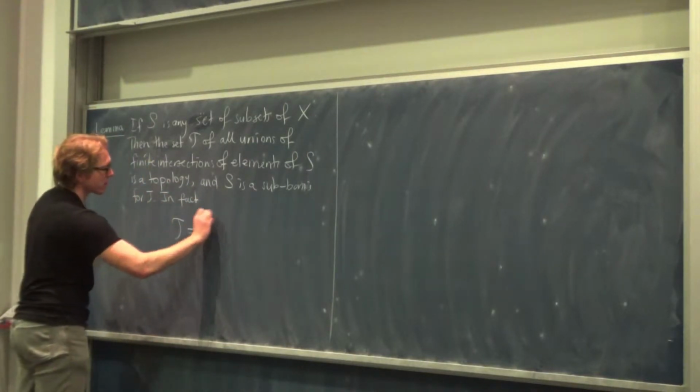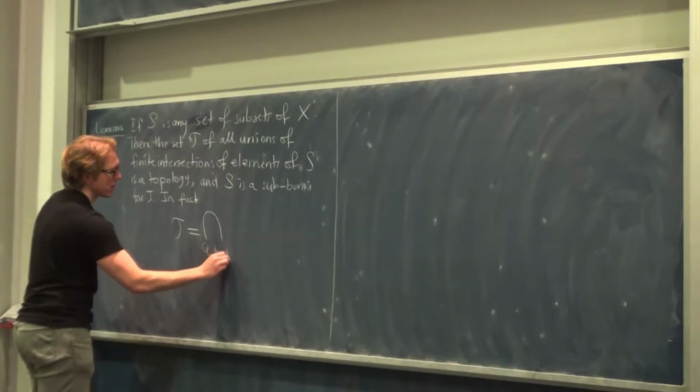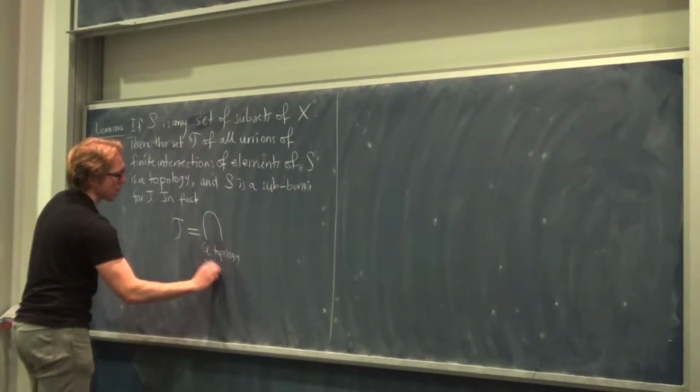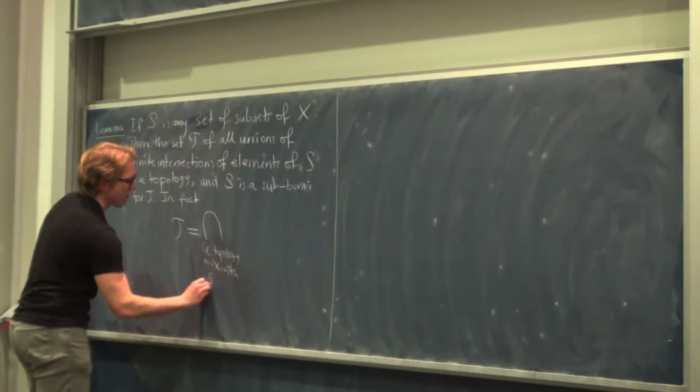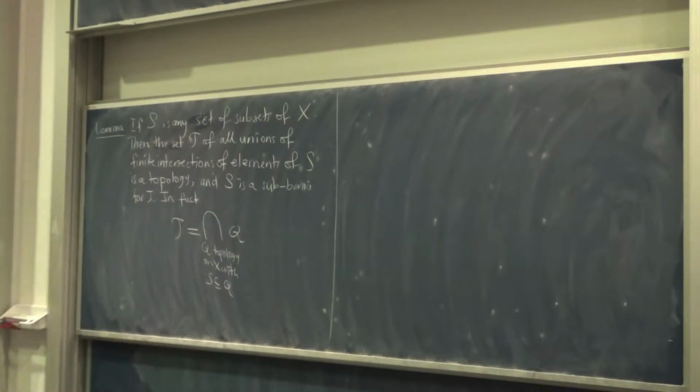T is the intersection over all topologies containing S. Okay, so there's multiple statements there.